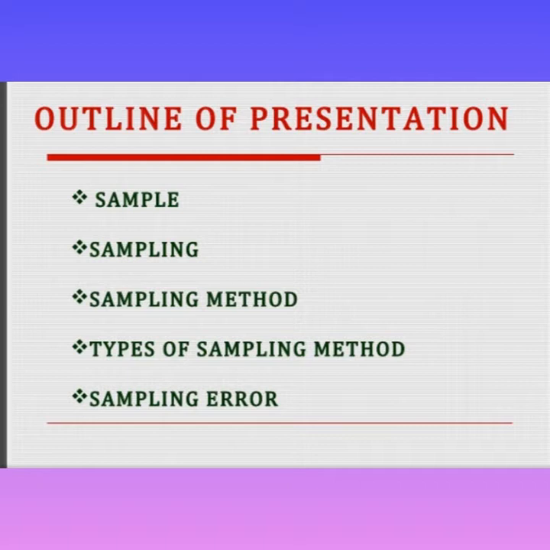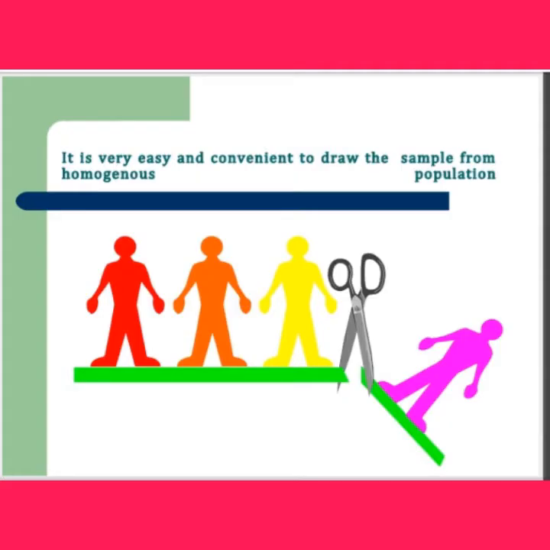So, children, in my last module I have explained about the sample, isn't it? The sample means it is a unit that's selected from the population and it represents the population also.